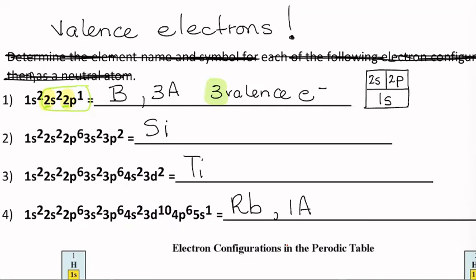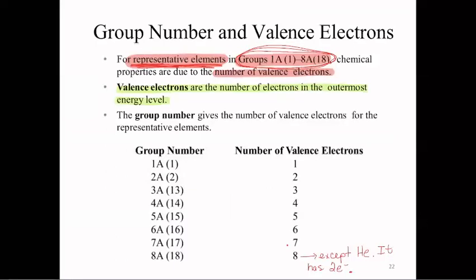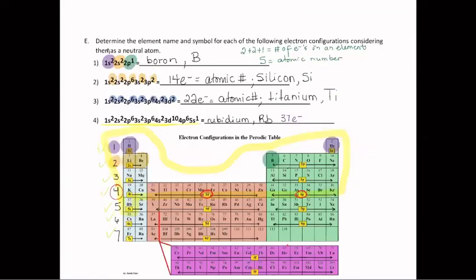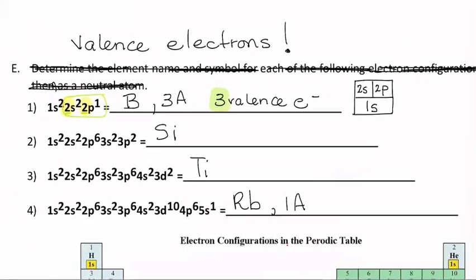But what I'm trying to illustrate now is that we understand that boron has 5 electrons. Where do they live? It has 2 electrons in the first floor. And then in this room, there's 2 electrons.